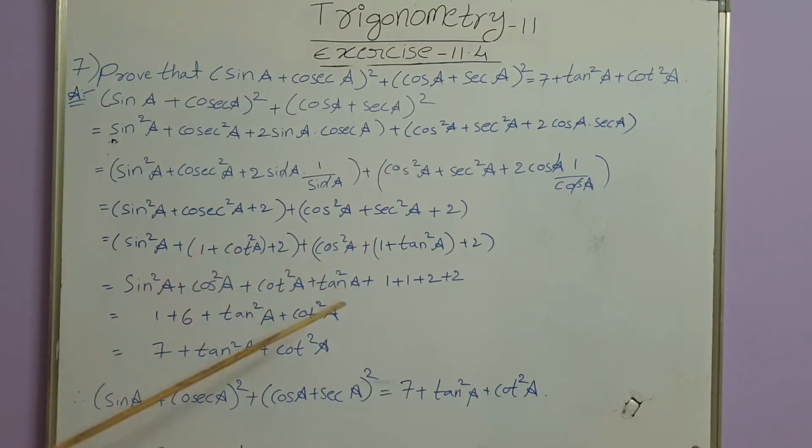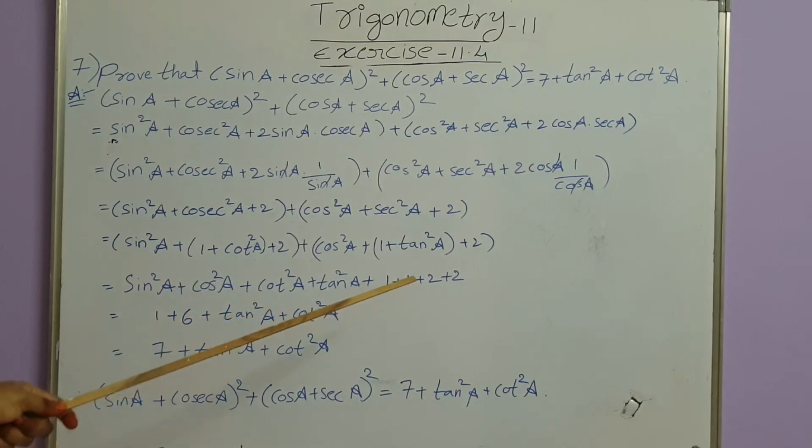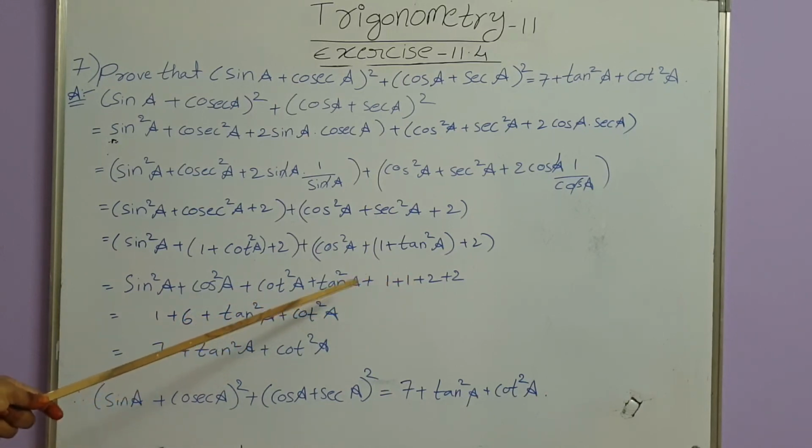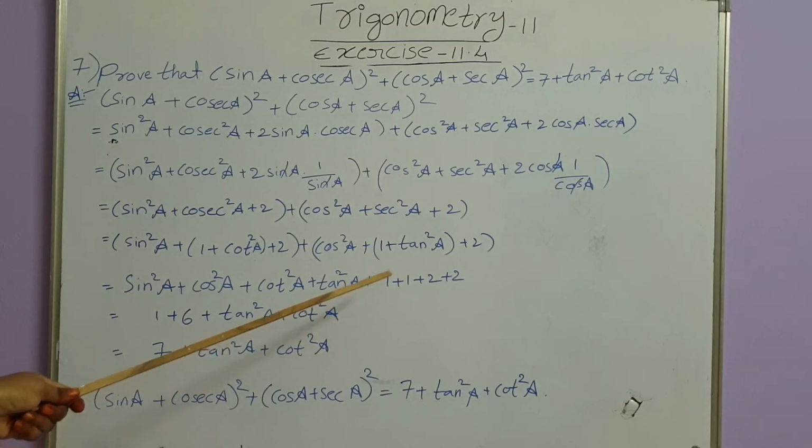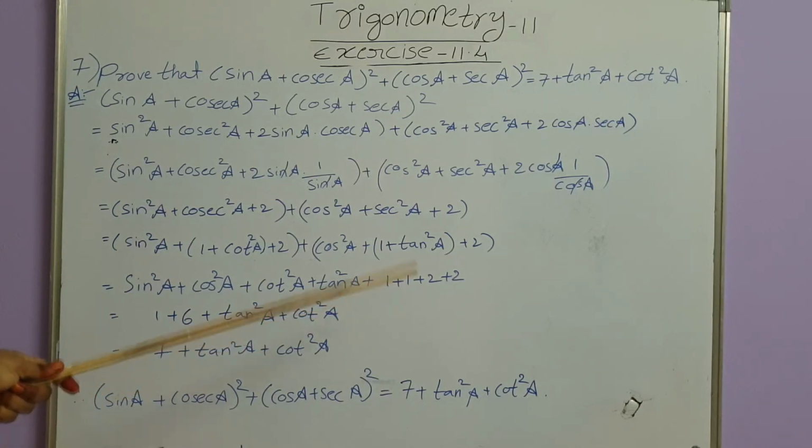This one plus this one plus 2 plus 2. Here sin square A plus cos square A is equal to 1, plus this 2, 2, 1, 1. Add 2, 2 plus 2, 4, 4 plus 2, 6.